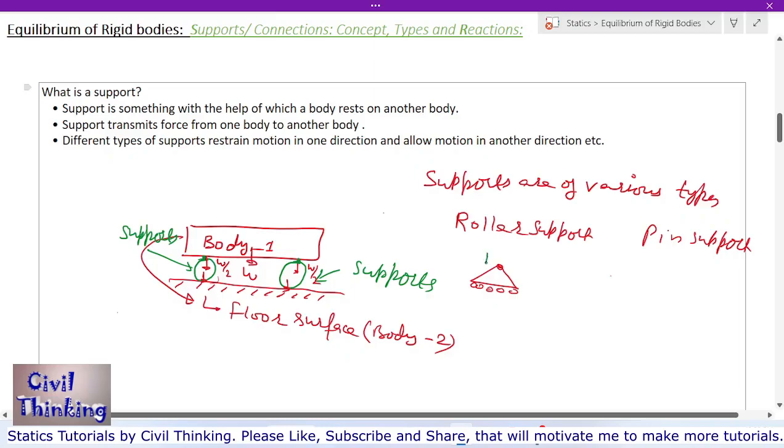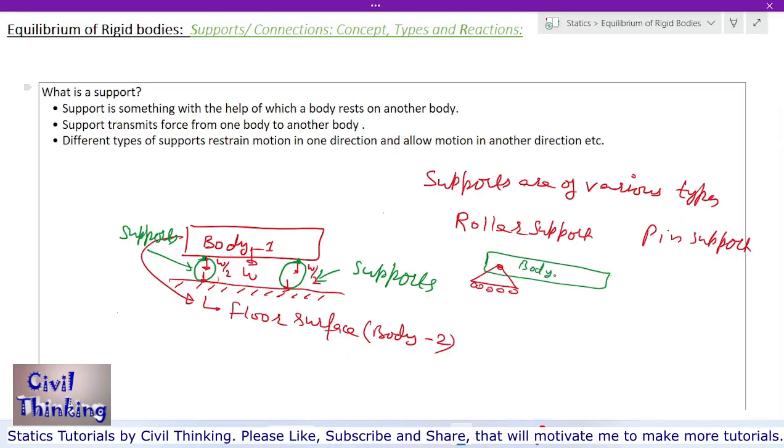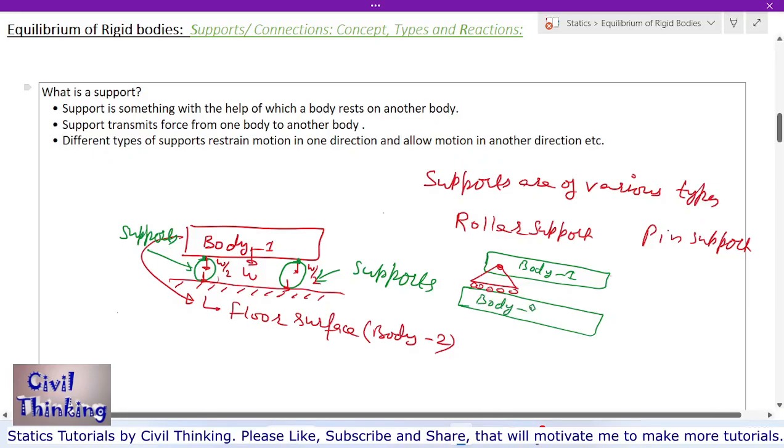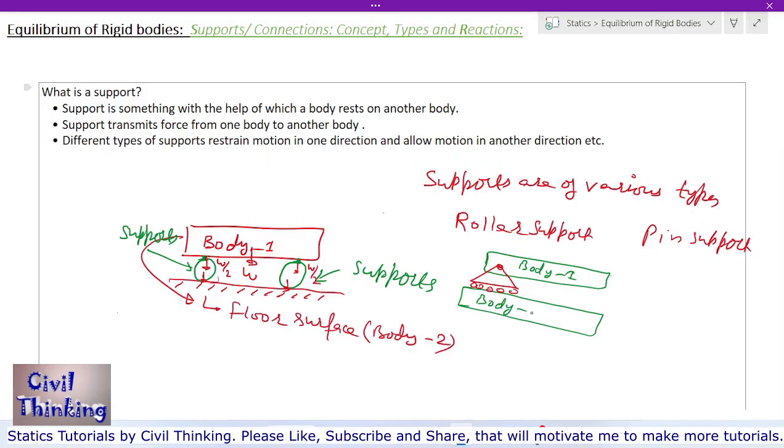Let us say this is body 1, and here is another body, body 2, structure 2, whatever you call it. Now this is a roller support.